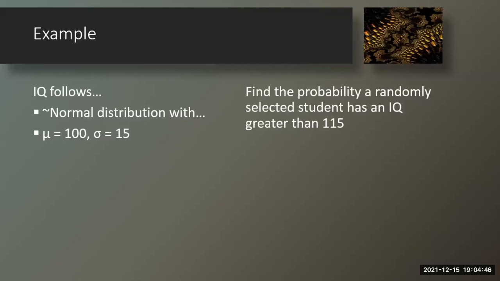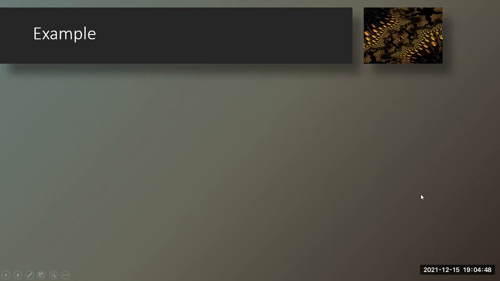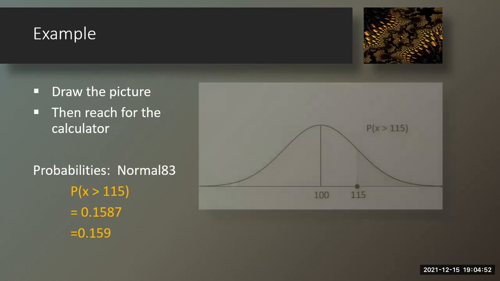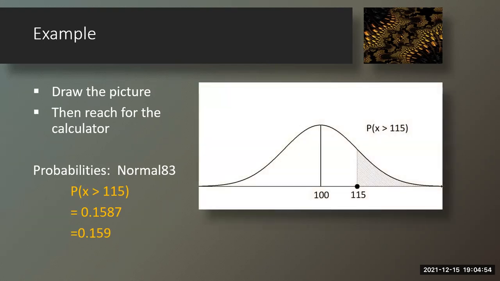Here we are. There's the 0.159, and there's the pretty little picture. So the probability that the IQ might be greater than 115 is 0.159. Another way to look at that is that almost 16% of all people everywhere have an IQ greater than 115.